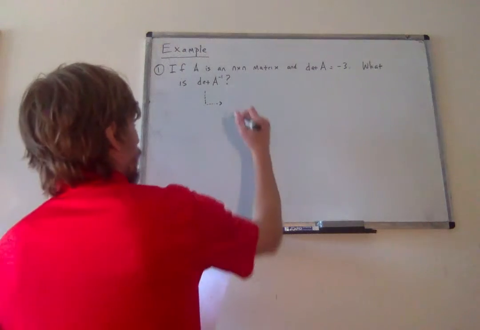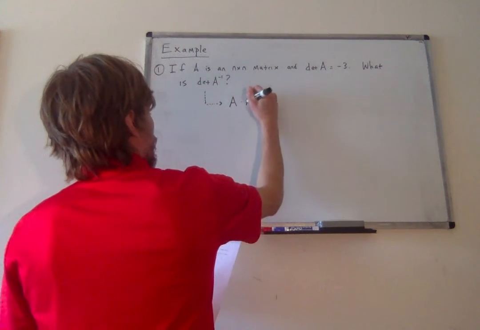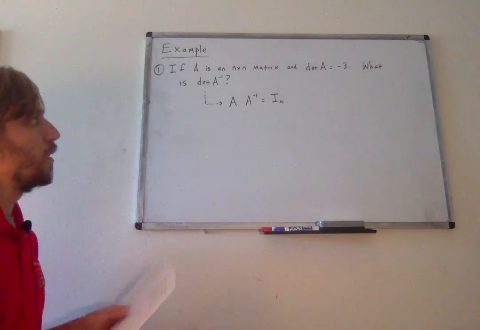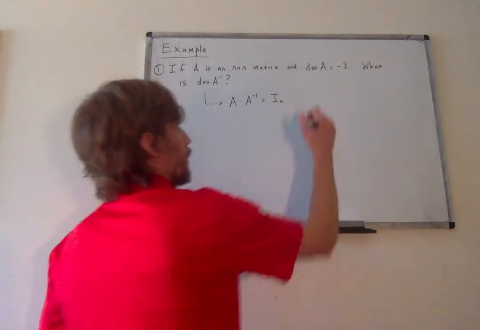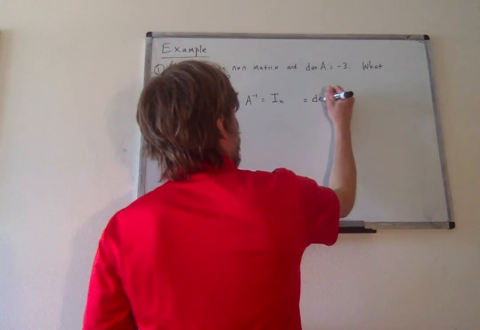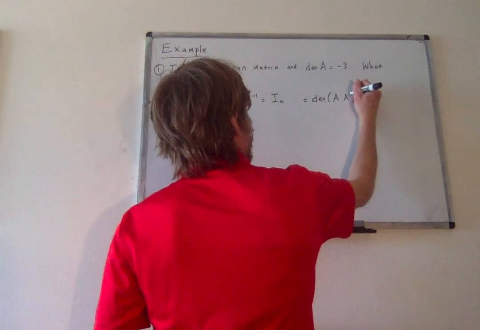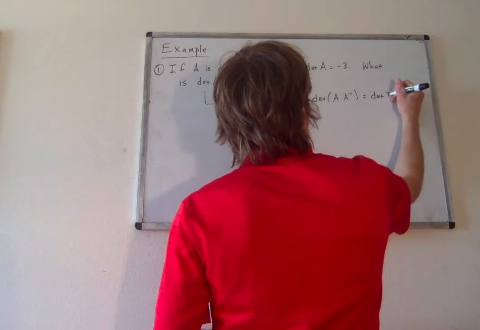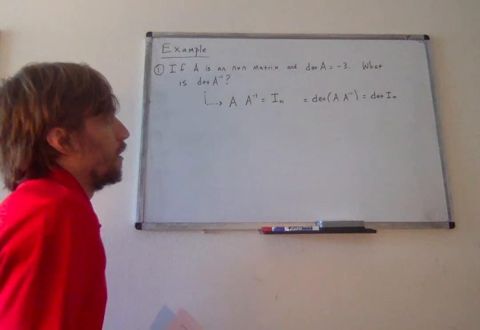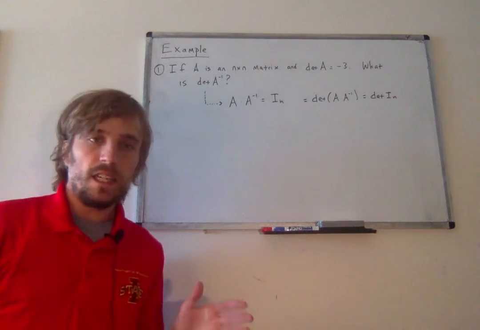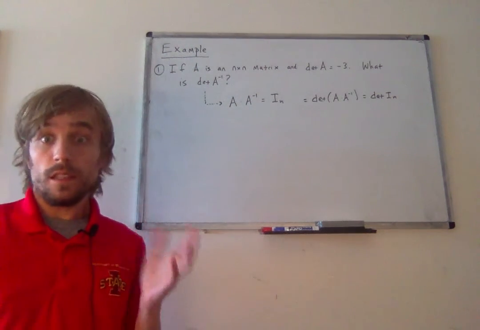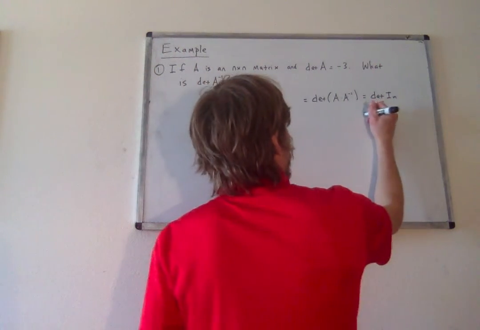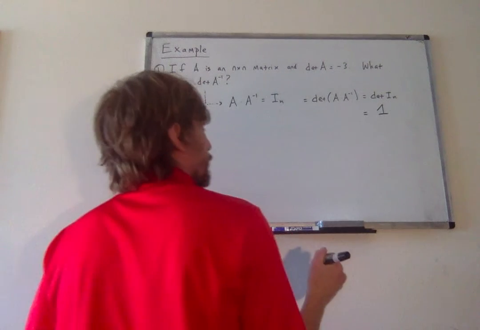So notice that A times A inverse is equal to the identity matrix. Because of this, we know that the determinant of A times A inverse is equal to the determinant of the identity matrix. Well, the identity matrix is a diagonal, so technically upper triangular, matrix with only 1s on the diagonal. And so the determinant of the identity matrix is equal to 1.